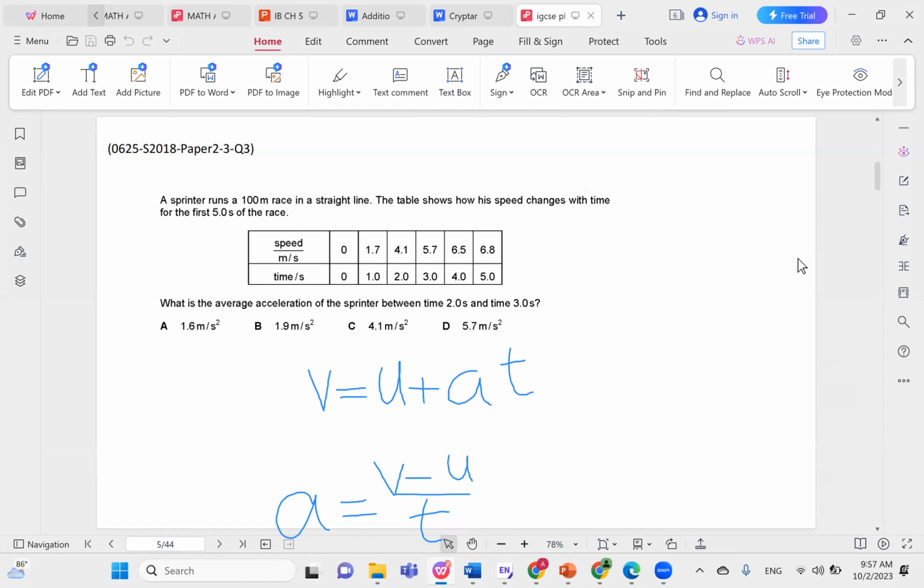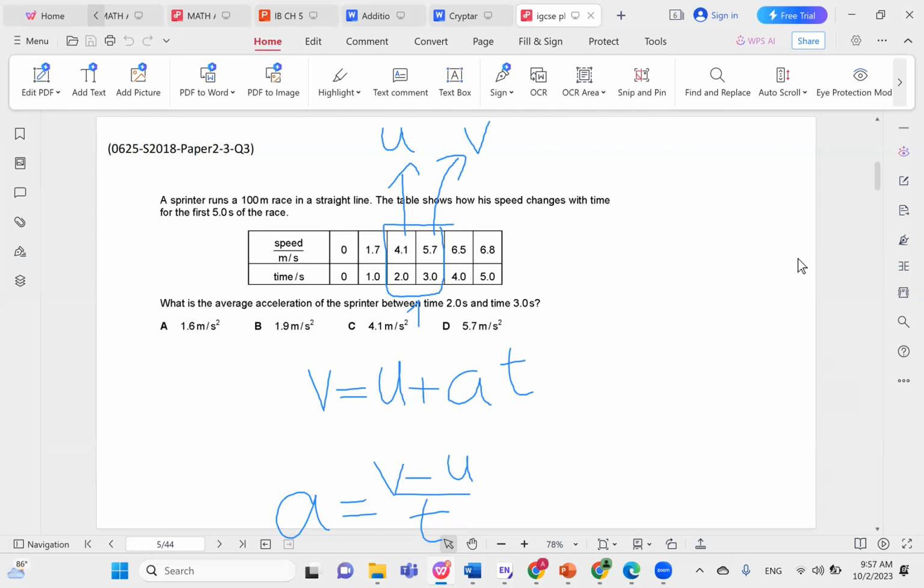So in order to get the acceleration here between time 2 and time 3, I take 2 as my initial time. So my initial velocity is 4.1 and my final velocity is 5.7. And the elapsed time here is 1 because between 2 and 3, only 1 second has elapsed.